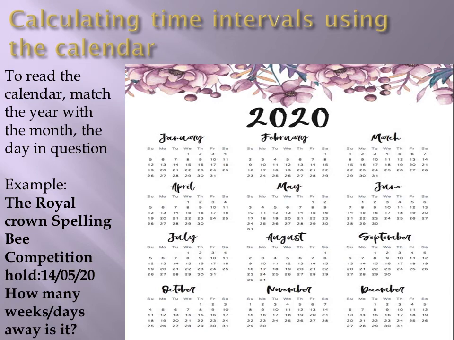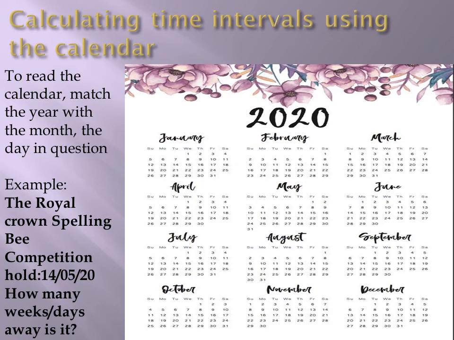Let's count the weeks again. Today is the 30th of March. You don't count the 30th as week 1. The distance between the 30th and the next Monday, which is the 6th of April, is 1 week. Then we start counting 1 week from the 6th of April. So 1, 2, 3, 4.